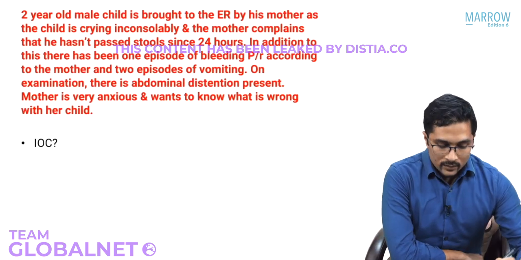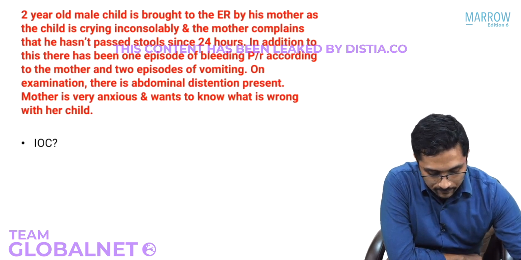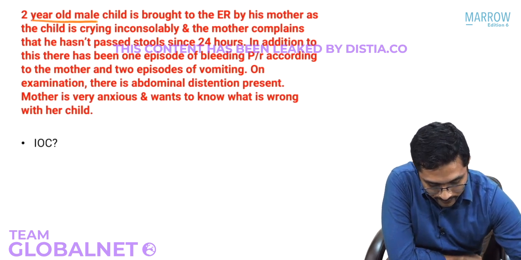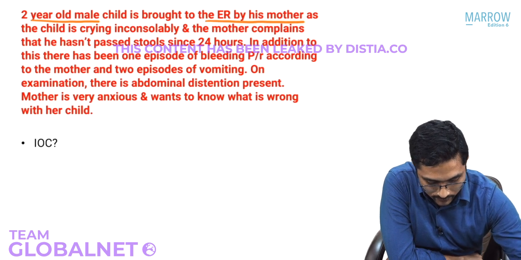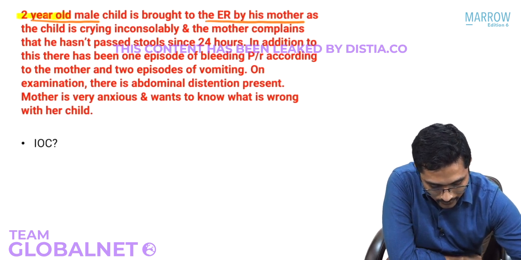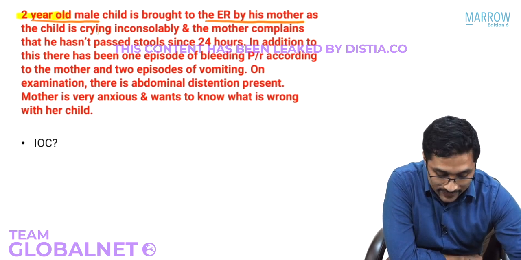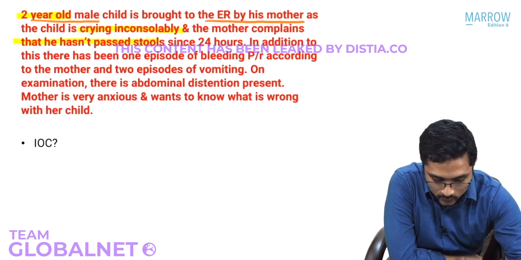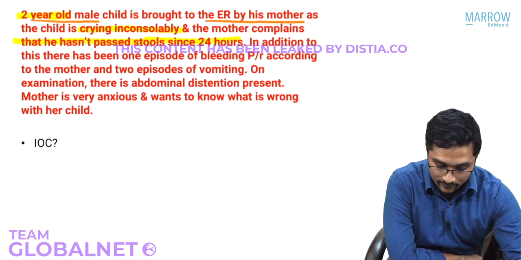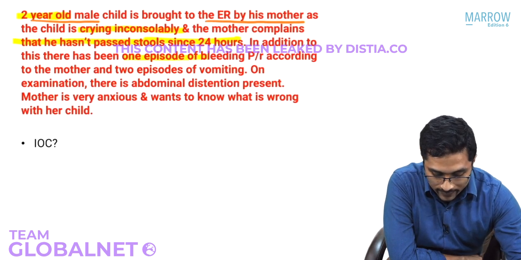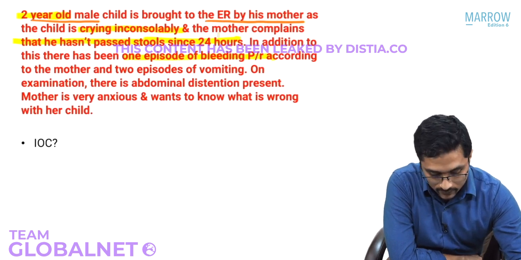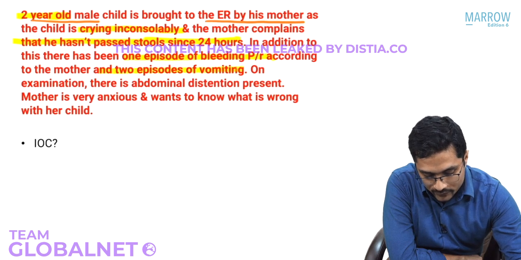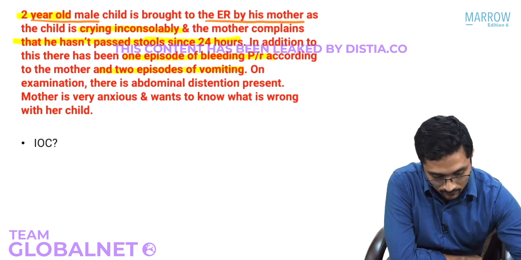Okay. Now you have a 2-year-old male child who has been brought to the ER by his mother. The child is crying inconsolably, and the mother complains that he hasn't passed stool for 24 hours. In addition, there has been 1 episode of bleeding per rectum, according to the mother, and 2 episodes of vomiting.